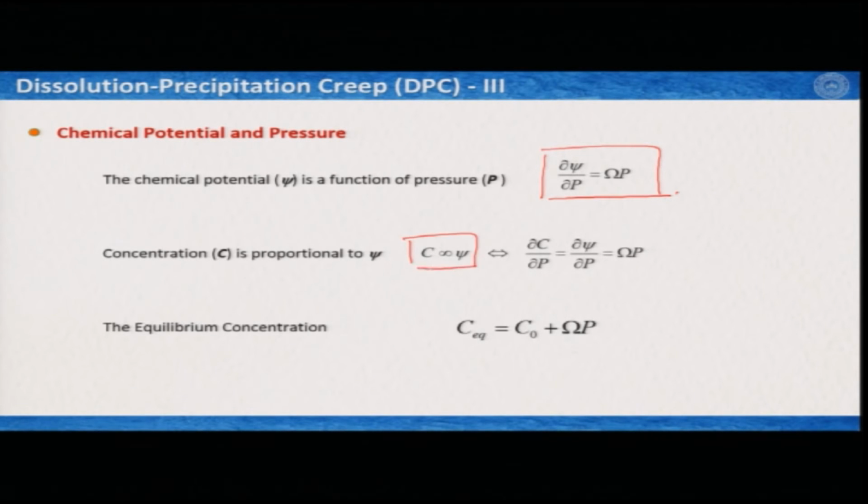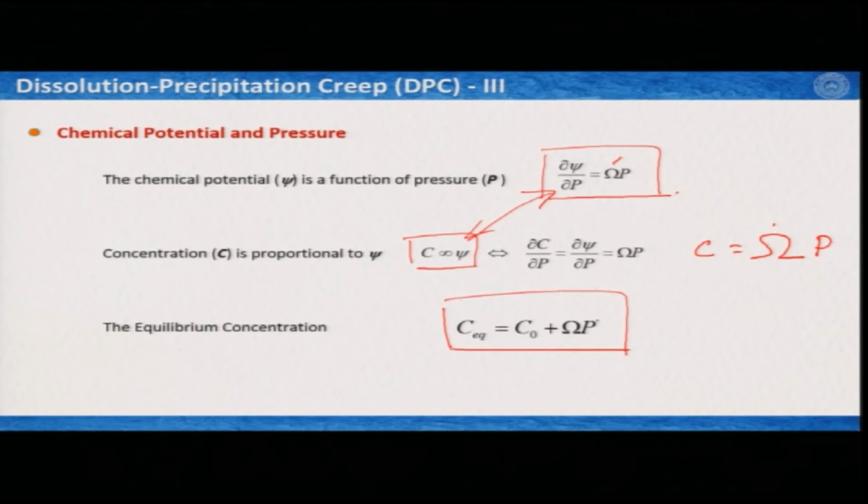By replacing these two equations, we come out with this equation, C equal to sigma p, where sigma here and here is a constant. So at equilibrium concentration, we come out with this equation, which is a function of pressure, a constant, and an initial or threshold concentration, C0, and this is your equilibrium concentration. This equation is important, and we will come back to this soon.